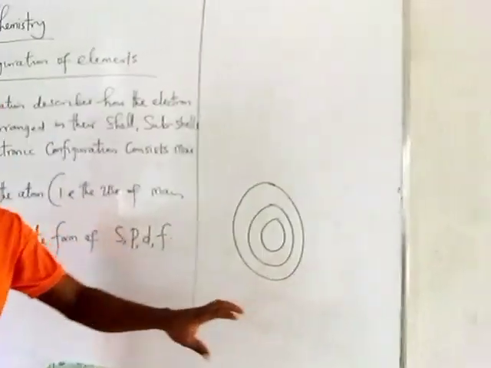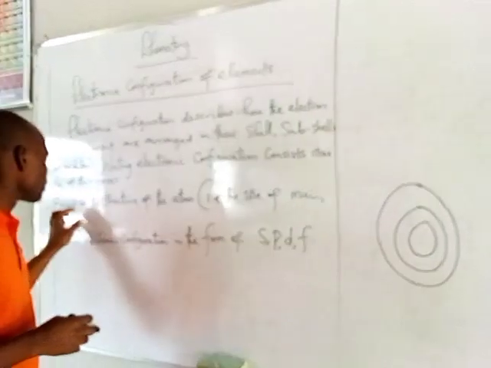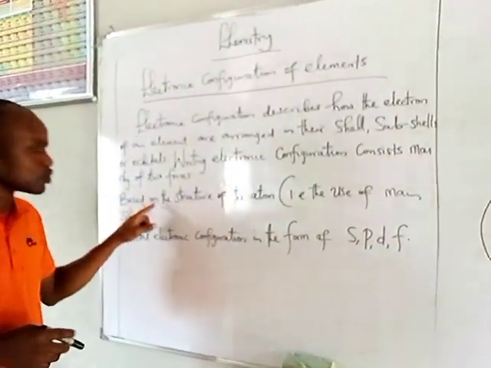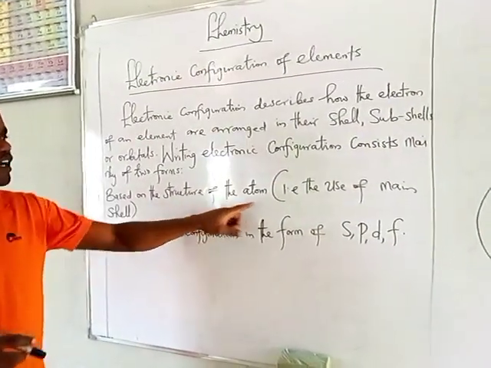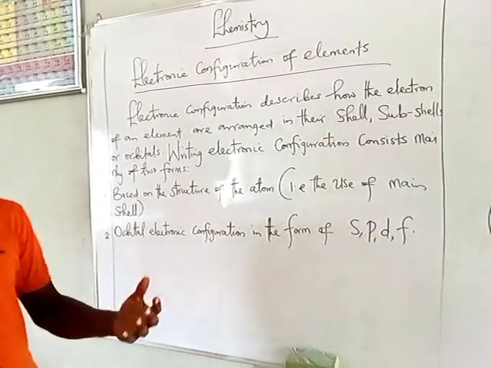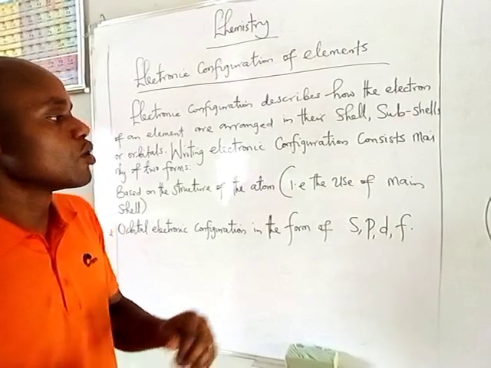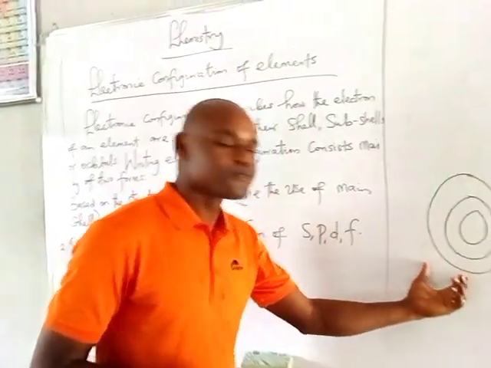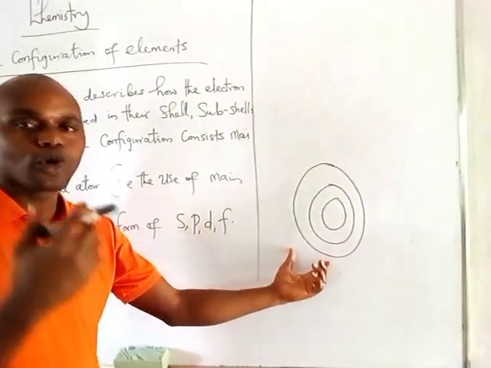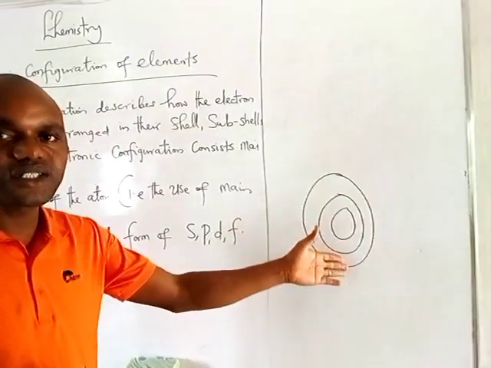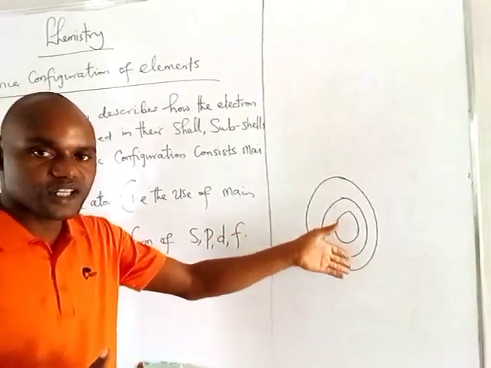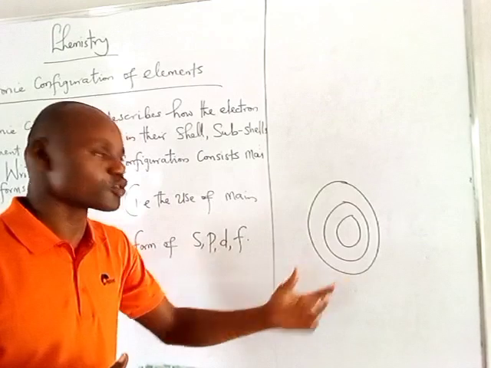Now you know we said previously that if we want to make use of the first method, which is the structure of the atom, to get the electronic configuration of any given element, we need to consider how to number each of the shells in this structure.